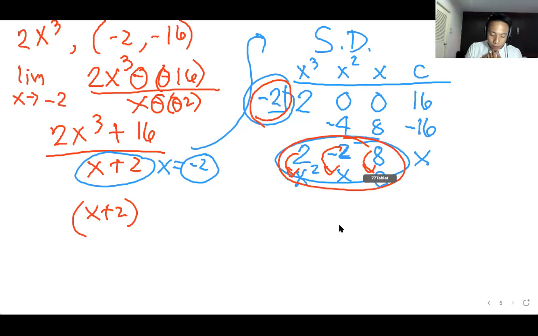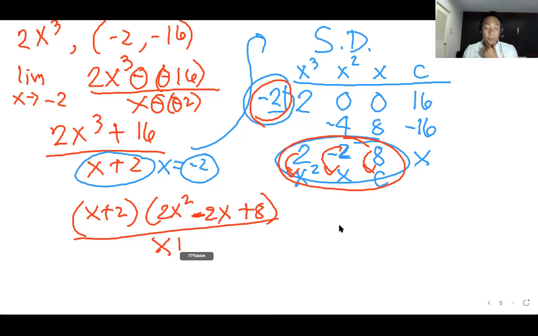So we have 2x squared, negative 2x, and then plus 8, all over x plus 2. Did you understand? Okay, so let us now cancel those two. See? We no longer have a denominator. That means our answer will not be undefined. So we can now use the substitution property.